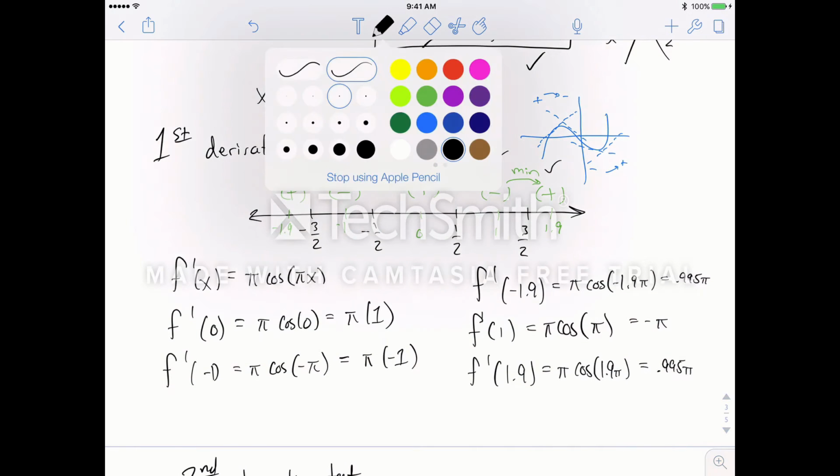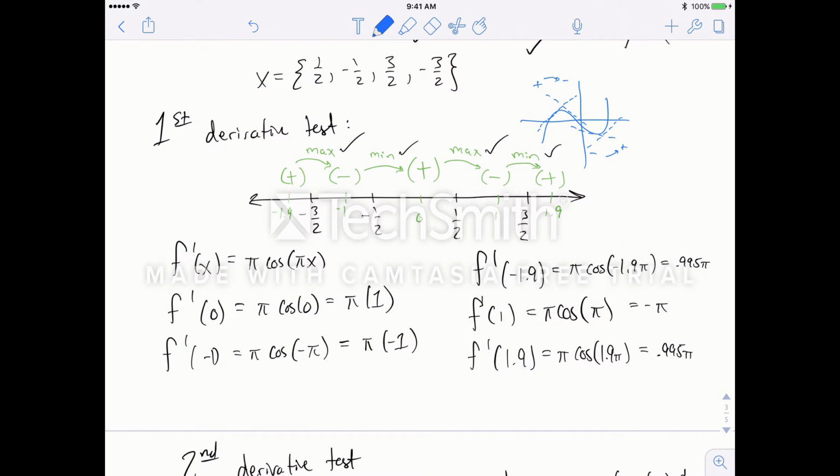So we can go ahead and say that f of x is monotonically increasing on -2 to -3/2, and negative 1/2 to 1/2, and 3/2 to 2.